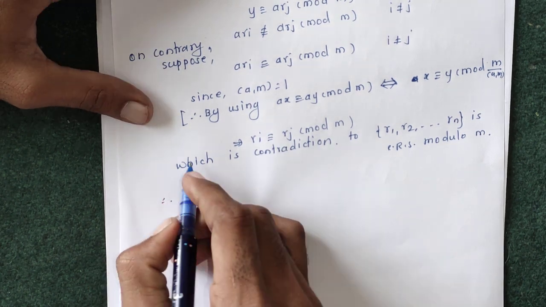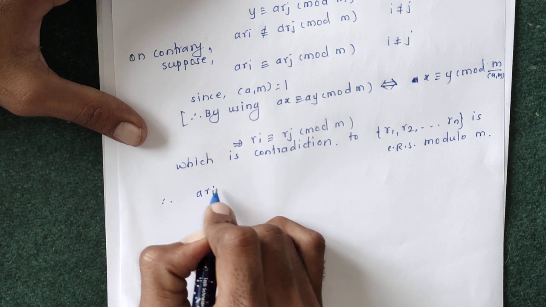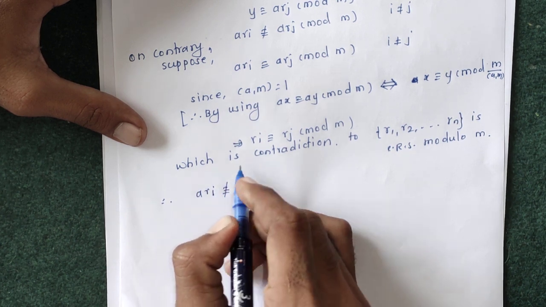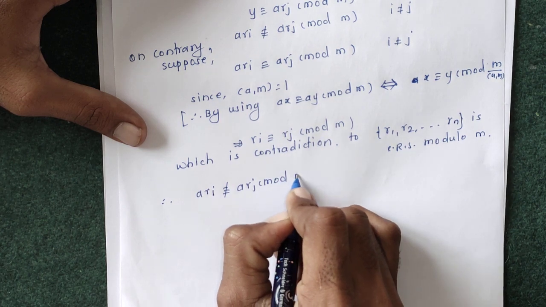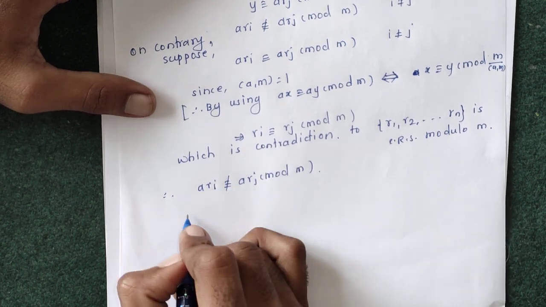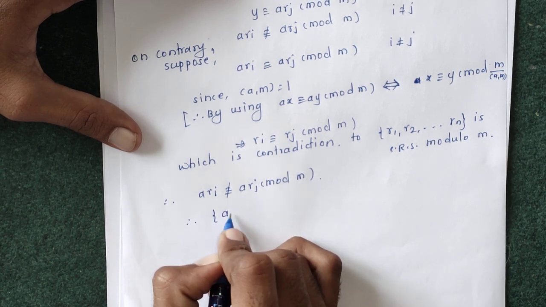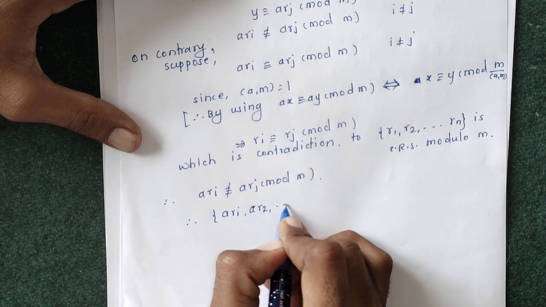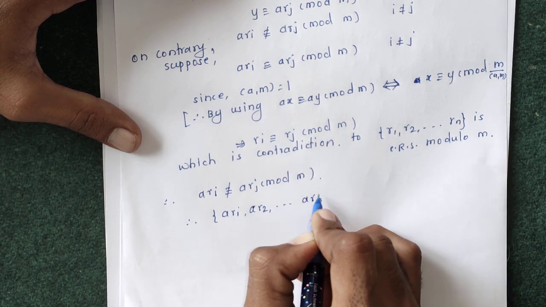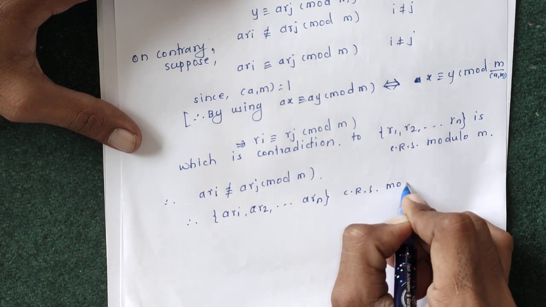Therefore ARi need not be congruent to ARj modulo m. Therefore AR1, AR2 up to ARn must form a C.R.S. under modulo m.